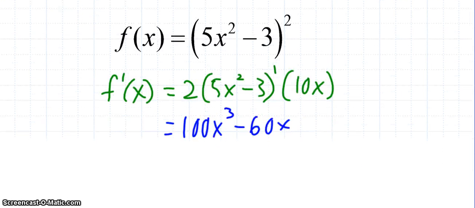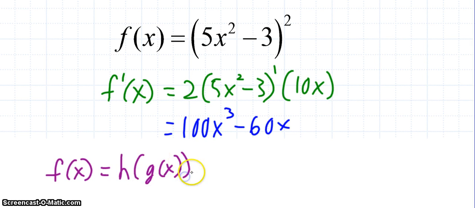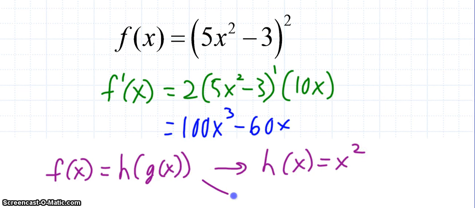To emphasize the composition of functions, f of x is some function h of g of x, where h of x is x squared and g of x is 5x squared minus 3.